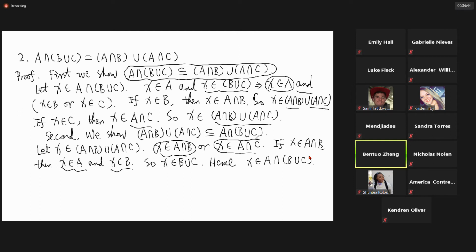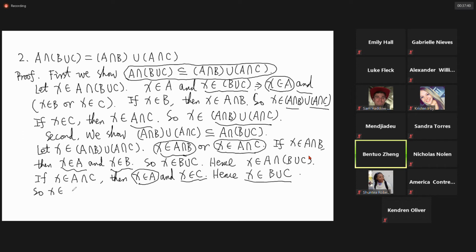So we have the second case, x is in A intersect C. So if x is in A intersect C, then again, we get x is in A, and x is in C. So hence, since x is in C, x is in B union C. Now x is again always in A, so x is in A intersect (B union C).